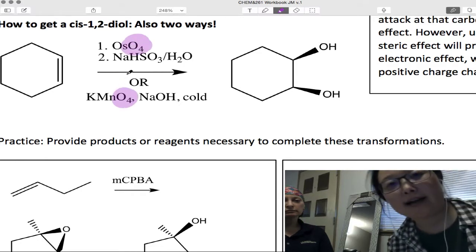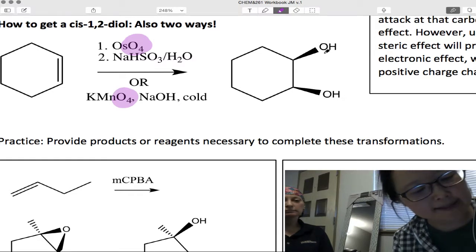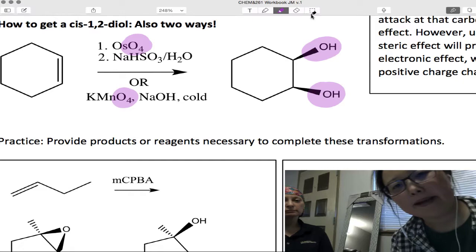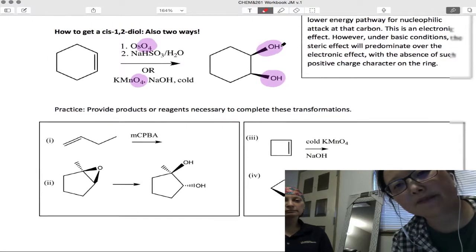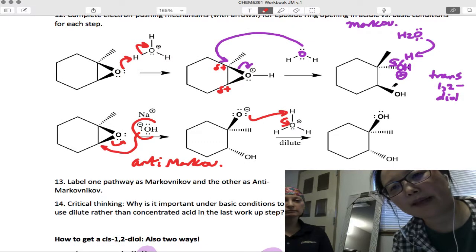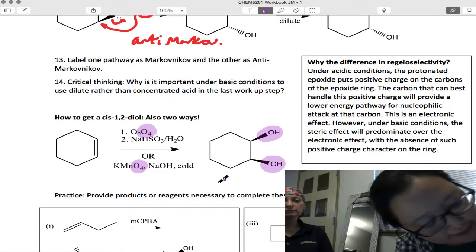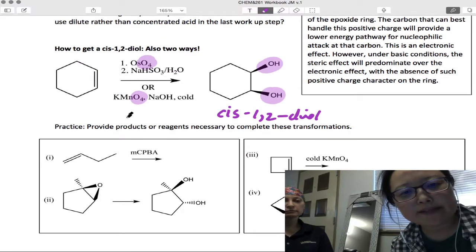They're strongly oxidizing, and so what this reaction does is it adds the OH groups, but it adds them in a way that's different from what we had before. So do you guys see? Before we were making trans 1,2 diols, and down here we are making cis 1,2 diols. And we have 2 different ways of doing this.